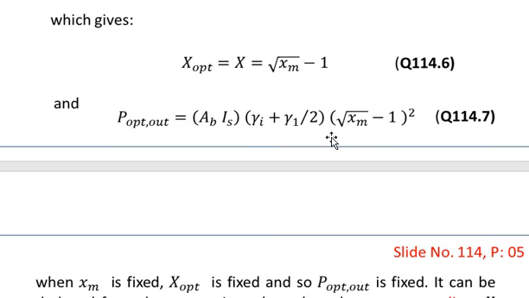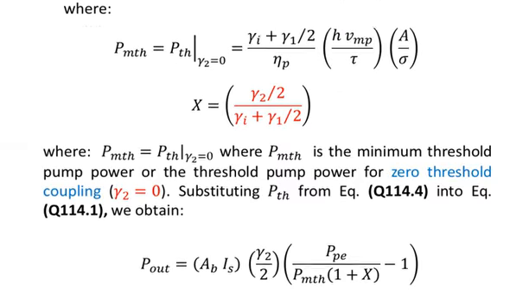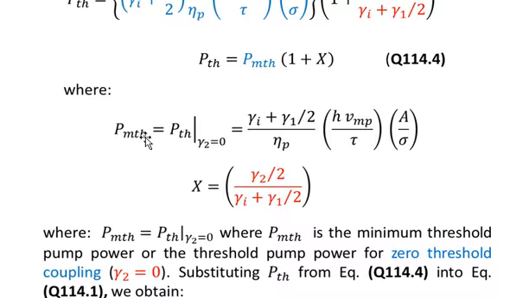And this expression is also valid for the case of space dependent cases. Because you see that in the derivation of these equations, we have used the value of P threshold over here.